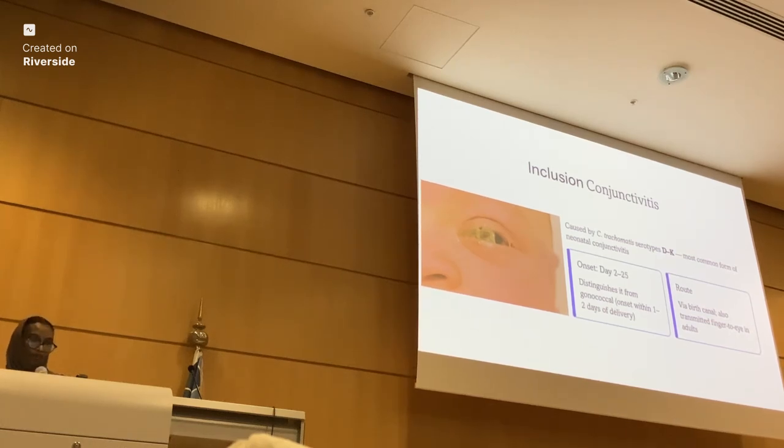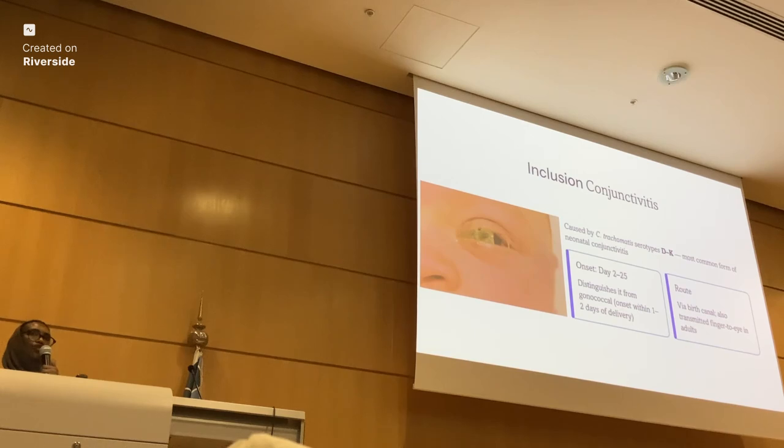The most important thing is that because it's a bacterial infection and you have discharge, you also have Neisseria that could lead to discharge. So it's very important to differentiate between an infection caused by Neisseria gonorrhoeae or by chlamydia. The onset of the disease, the time, could help you.